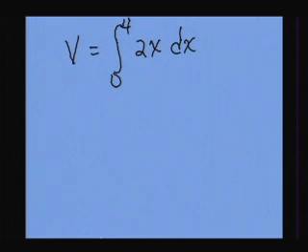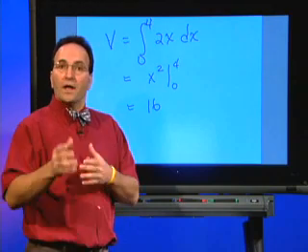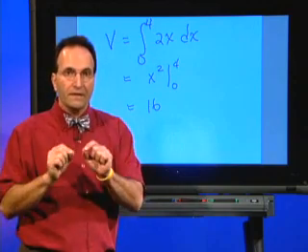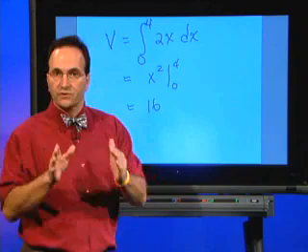And so we integrate this. We get x squared evaluated from 0 to 4, which will give us 16 cubic units. So there's an example of finding the volume by integrating the area, and the area was a square.